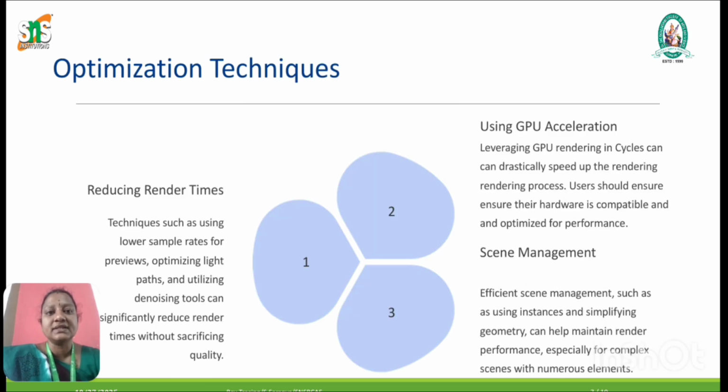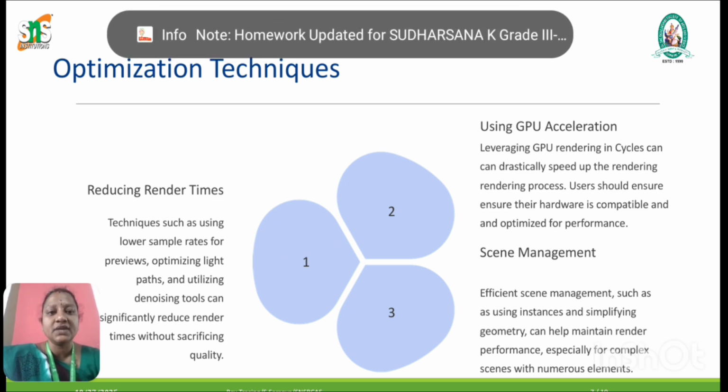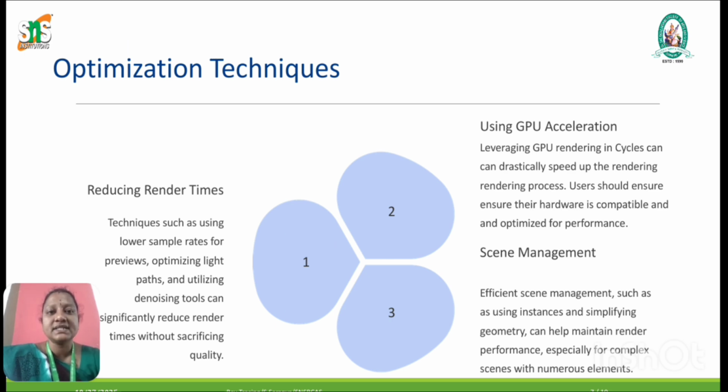Optimization techniques. These are techniques for deciding what changes to make and what quality we need according to the Blender screen. Reducing render times: techniques such as using lower sample rates for preview, optimizing light paths and utilizing tools can significantly reduce render times without sacrificing quality.